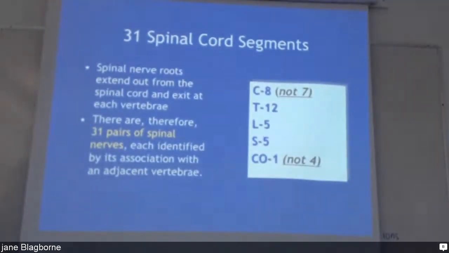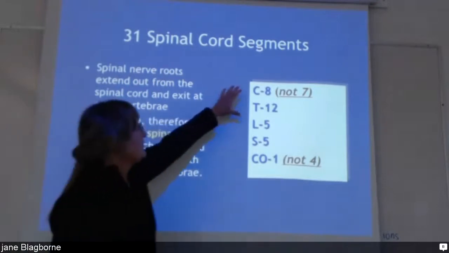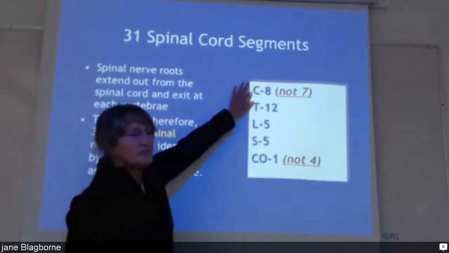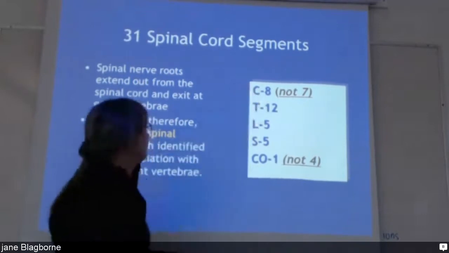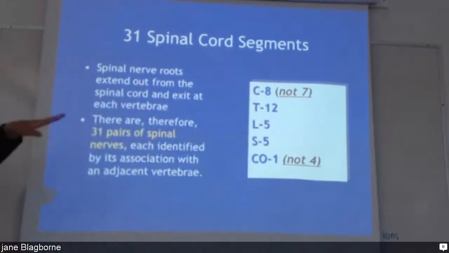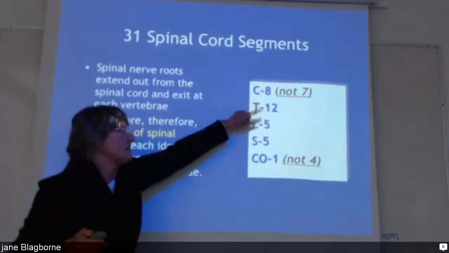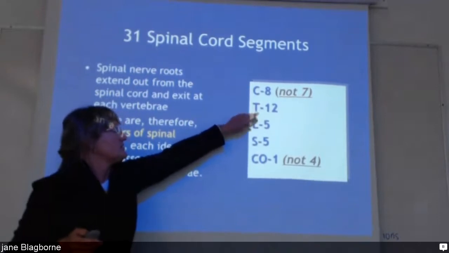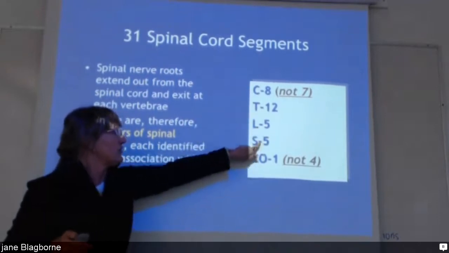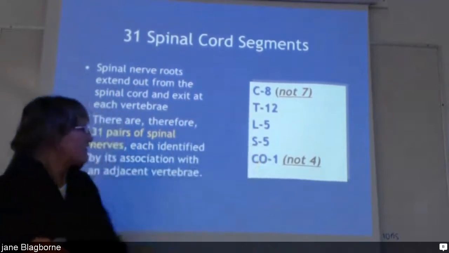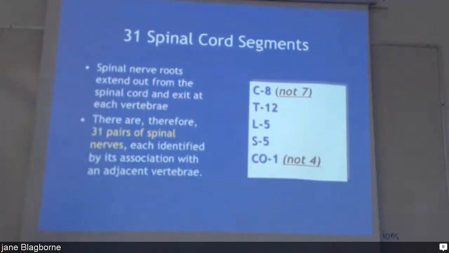The spinal cord has segments, and they go the same as your vertebrae. It has cervical 8, not 7. There's 7 cervical vertebrae, and then there's 12 thoracic and 5 lumbar, 5 sacral, and it does have 1 coccygeal, not 4.